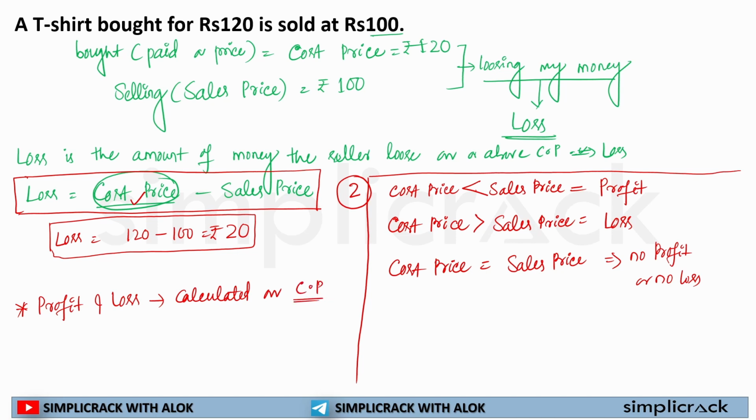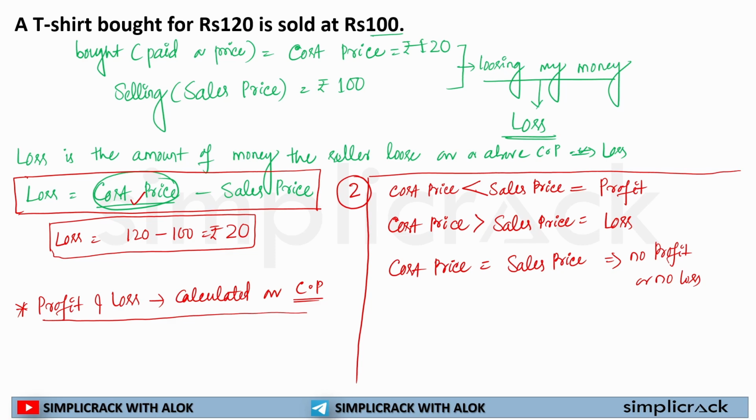Otherwise that will give you a wrong notion or your calculation will be wrong. If there are certain questions showing something different, we will handle it accordingly. But in most cases profit and loss are calculated on cost price. I hope now this is clear to each and every one of you.